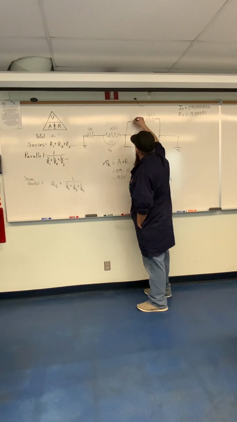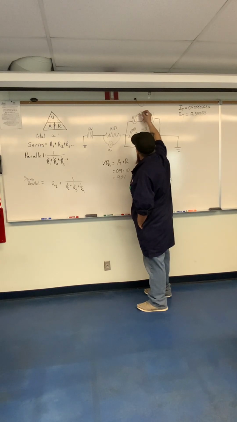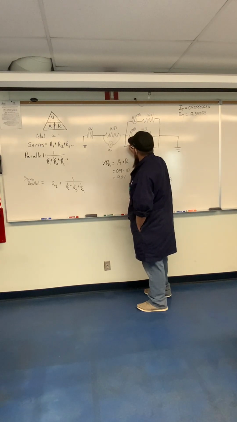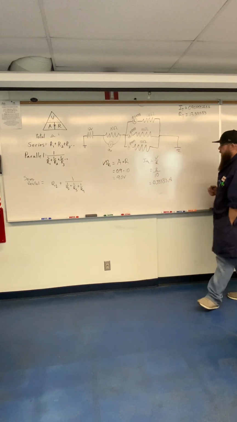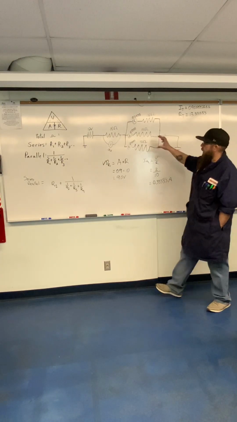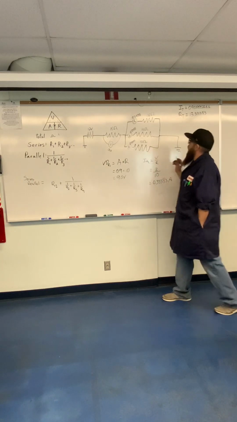If we had an ammeter here, this would read 0.333. There'd be another ammeter here. It also would read 0.333. And of course, this one here, 0.3333. And so we have 0.99999 amps through the parallel circuit.